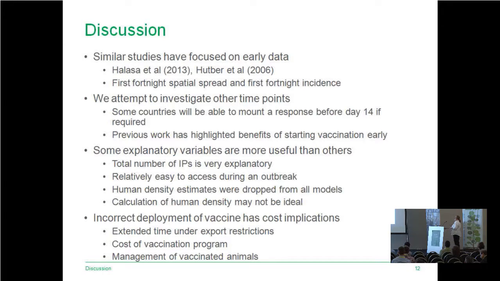And just to quickly mention, the reason, again, that we're doing this is because incorrect deployment of vaccine has cost implications, as well as not using it when it would be beneficial. So having some indication of whether or not an outbreak might reach the scale where vaccination is beneficial could be very useful, not just in welfare issues, but in terms of managing an outbreak effectively.